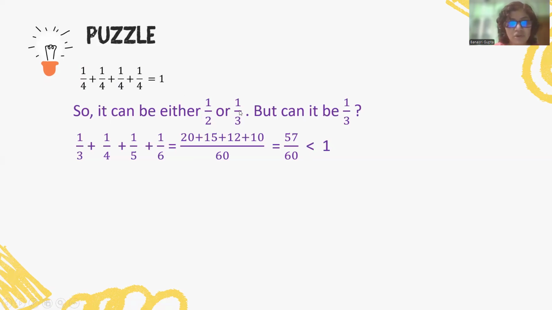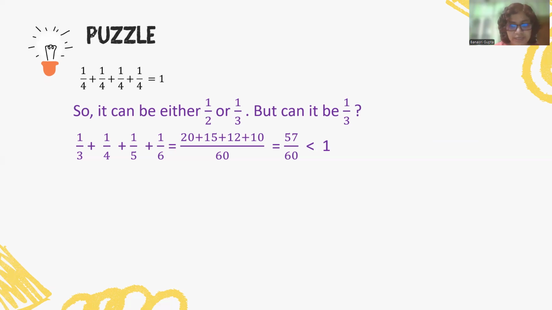So this is also not possible. The largest one cannot be 1/3. Because if we take the next largest one, that is 1/4, and the next, 1/5, and the next, 1/6, and add all these unit fractions, we get 57 by 60, which is less than 1. So we can discard the case of 1/3.